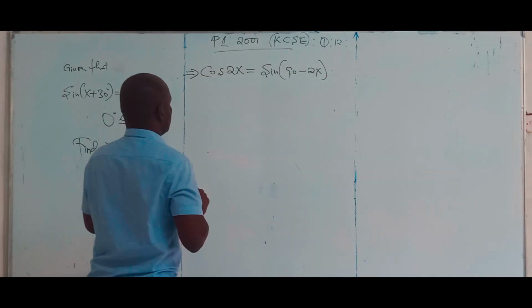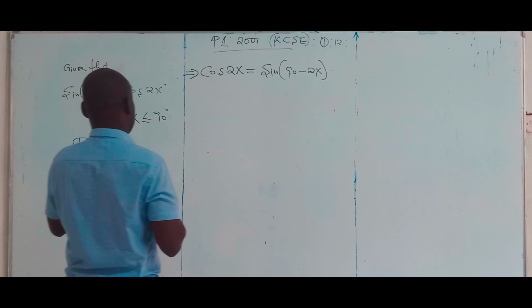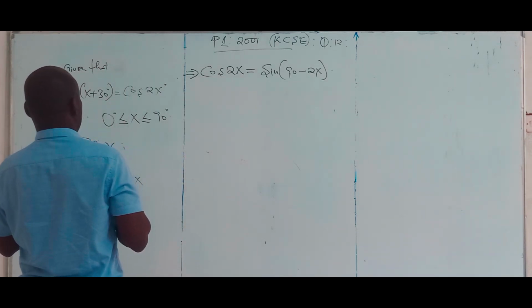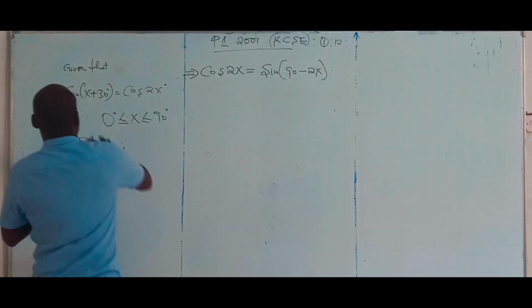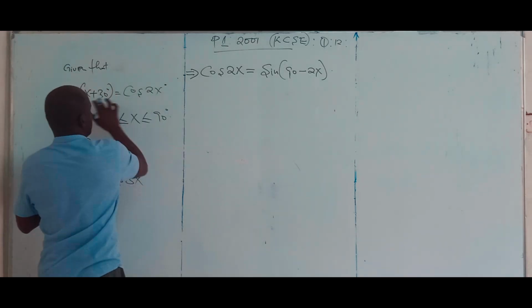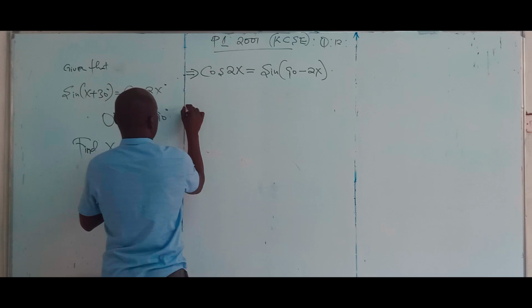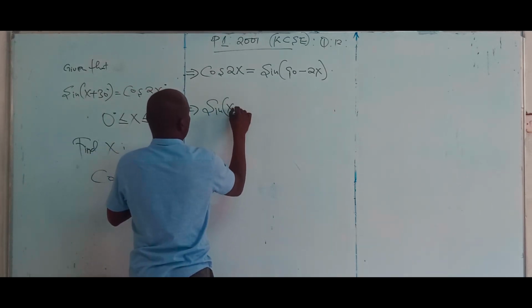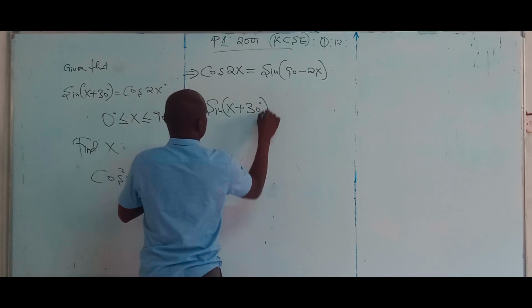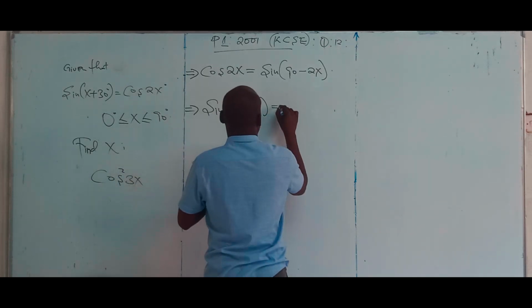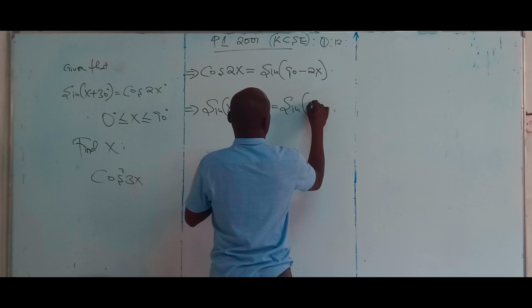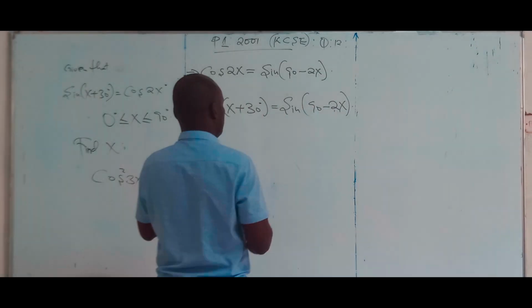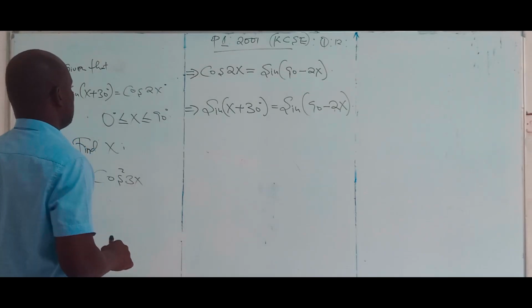That is cos 2x, so where there's cos 2x, I can now put this. That should imply that sin of (x plus 30) gives me sin of (90 minus 2x).